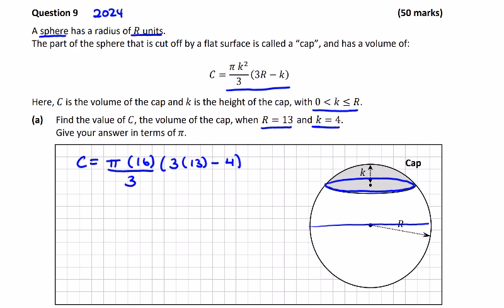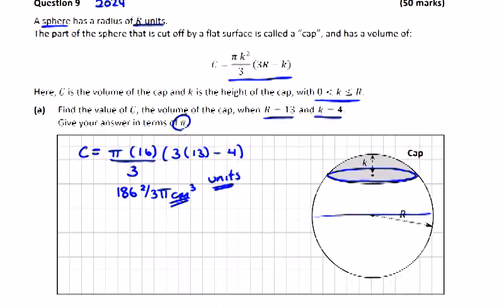So this is going to give 39 minus 4, 35, times 16. My calculator gives 186.67, so 186 and 2/3 pi units cubed. I don't think they deal in cm here. And in terms of pi, we've left pi in the question.